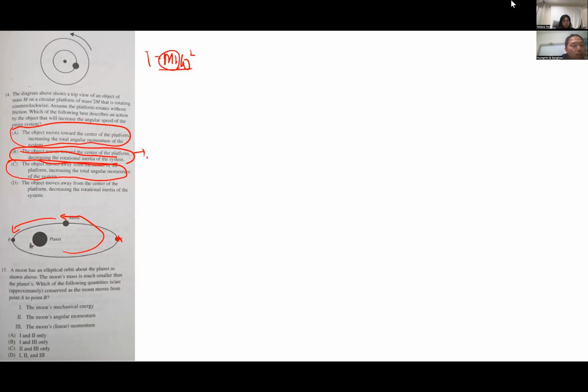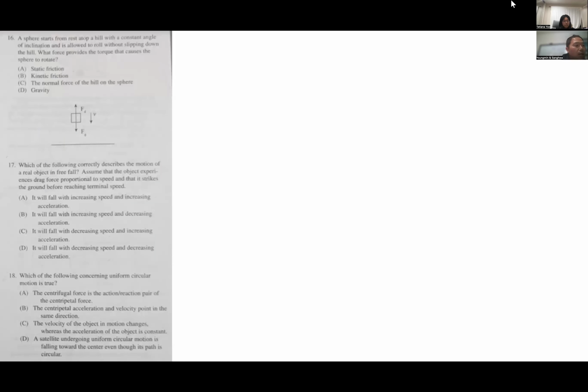So any choices including three must be excluded, right? So B, C, D shouldn't be the answer. Only A, which includes 1 and 2, must be the answer.